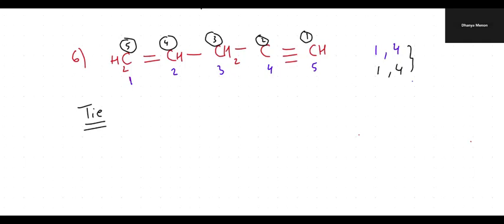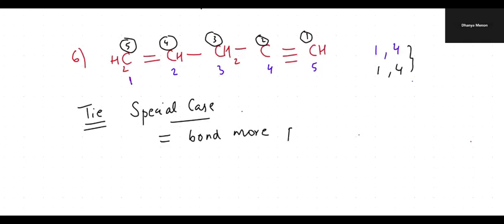So in this case, who is given more importance? Whenever there's a tie, it is considered a special case, where in this type of condition, the double bond is given more priority. Only whenever there's a tie, not in the previous one.